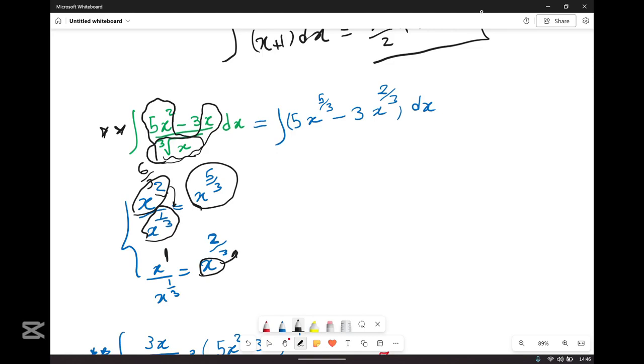Therefore our calculation for this part is 5 x power 5 over 3 minus 3 x power 2 over 3.